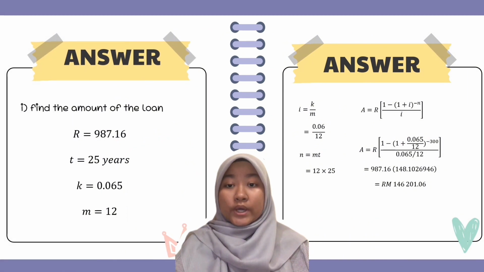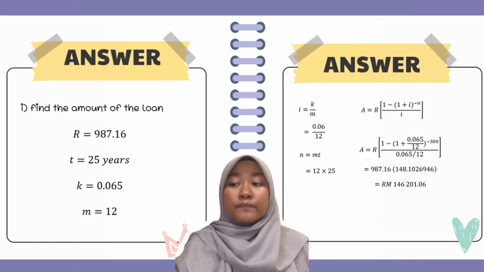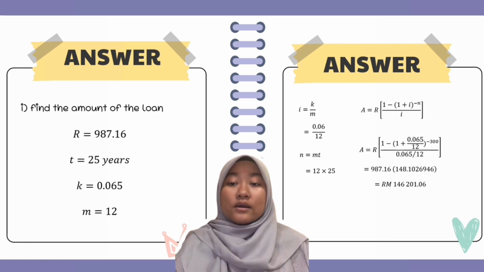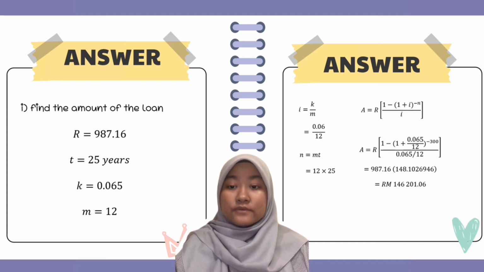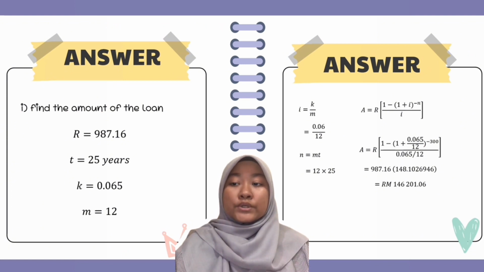For question 1, find the amount of the loan. R equal to RM 987.16. t equal to 25 years. k equal to 0.065 and m equal to 12. i equal to k divided by m, which is 0.065 divided by 12. For n equal mt, which is 12 times 25.